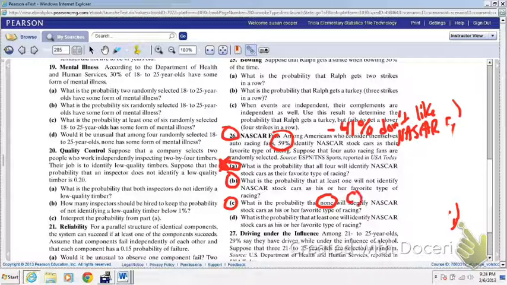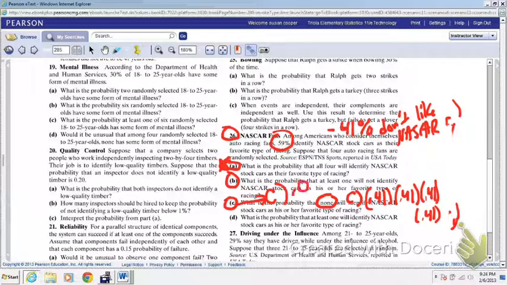So for part C, we take 0.41 times 0.41 times 0.41 times 0.41, which you already know means 0.41 raised to the 4th power. If you're thinking you're going to arrive at 0.028, that is correct.